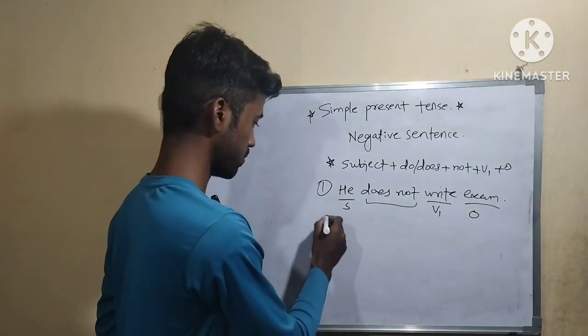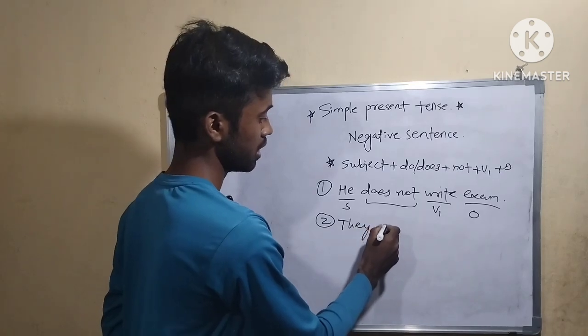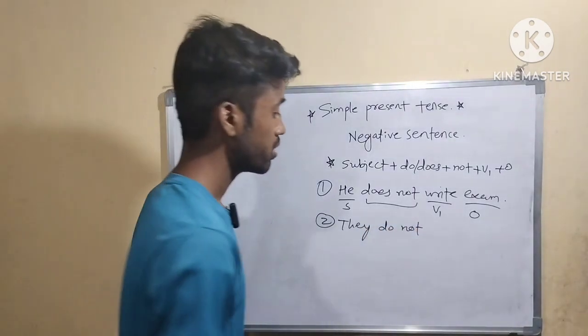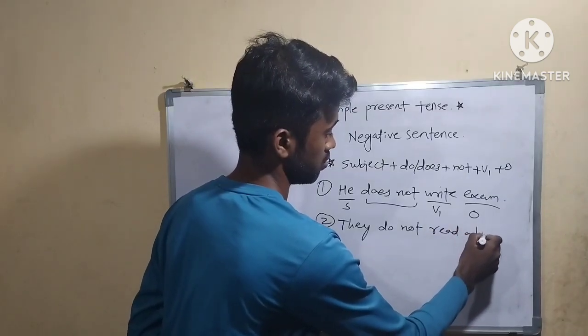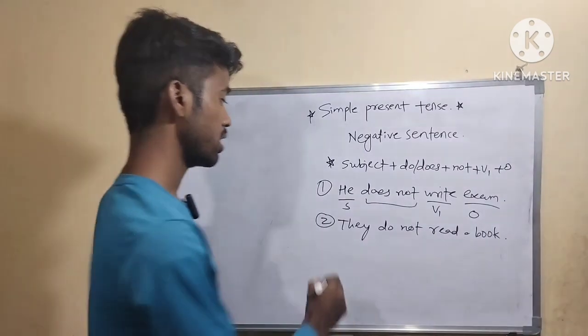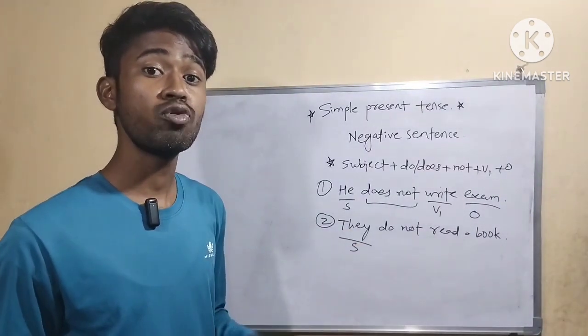Now let's see another example. They do not read a book. Here they is the subject and this is a third person plural subject.